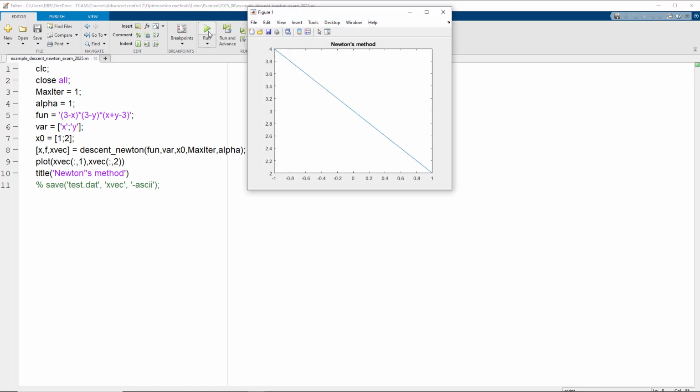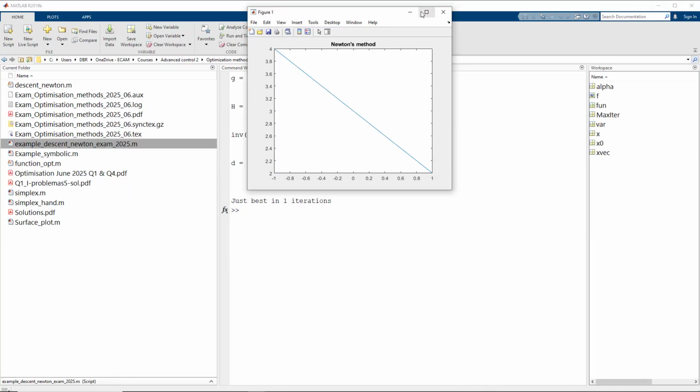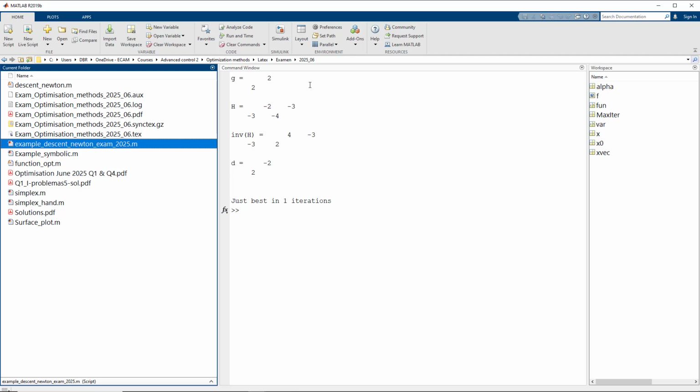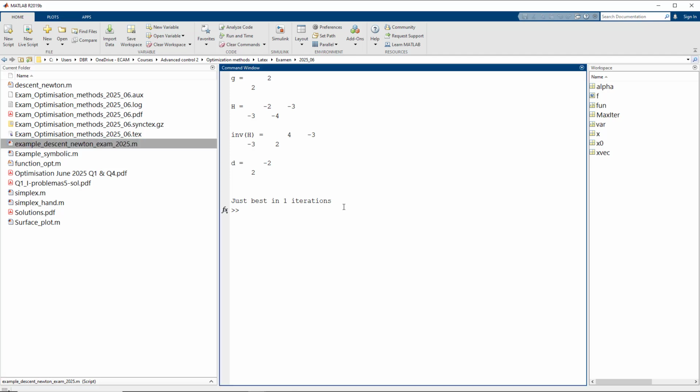If we run this code, you can immediately see that we start from exactly 1, 2, and we go to minus 4, 1, which is in line with what we have seen. You can also see here the intermediate steps, which are also correct. Here the x, as I said, minus 1, 4. So this seems to be correct.